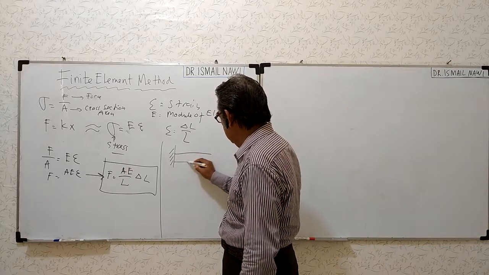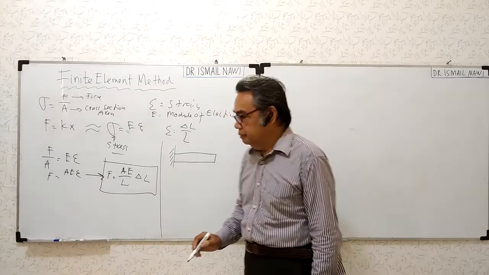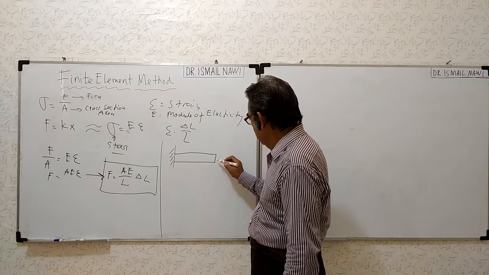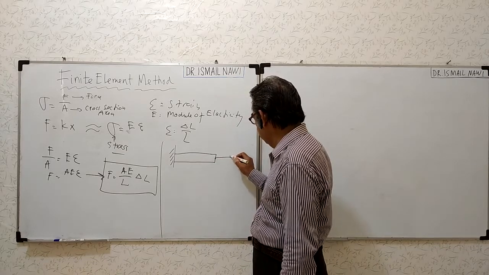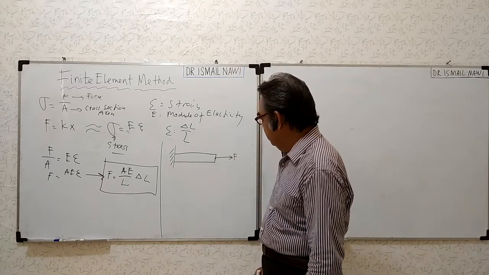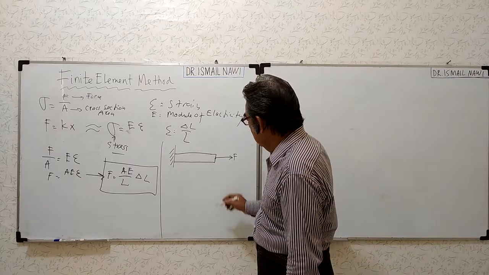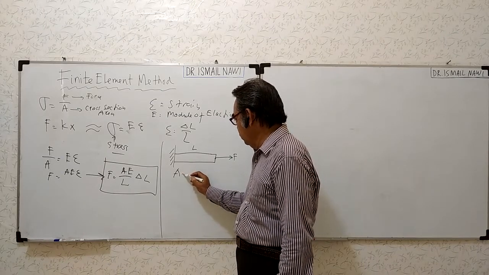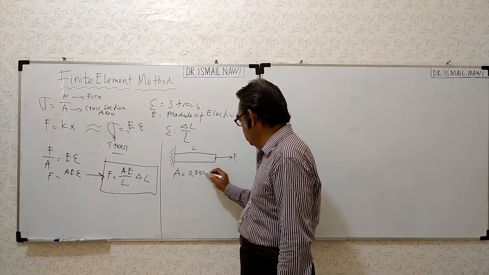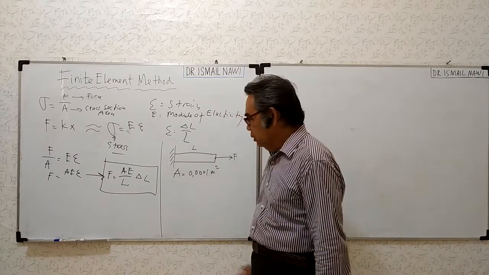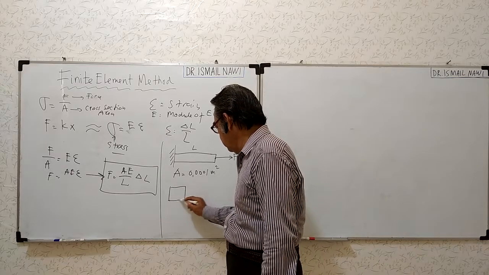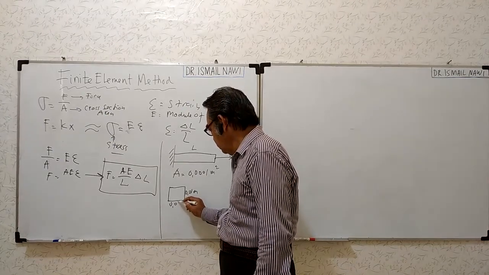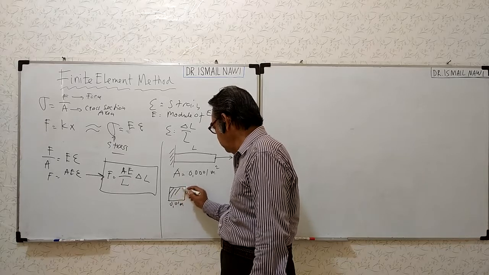We have a rectangular bar here, and here we have a force F. For instance, the area of cross section is 0.0001 meter square, which is, let's say, a rectangular bar of 0.01 meter by 0.01 meter cross section.